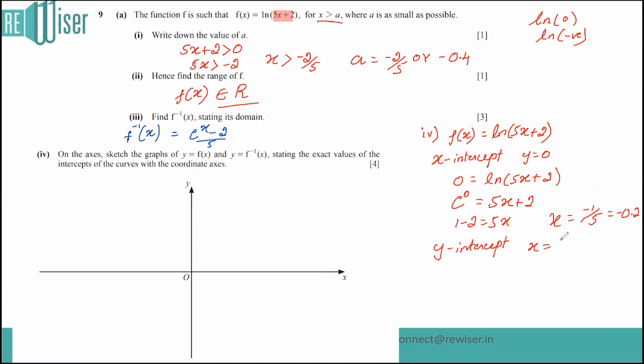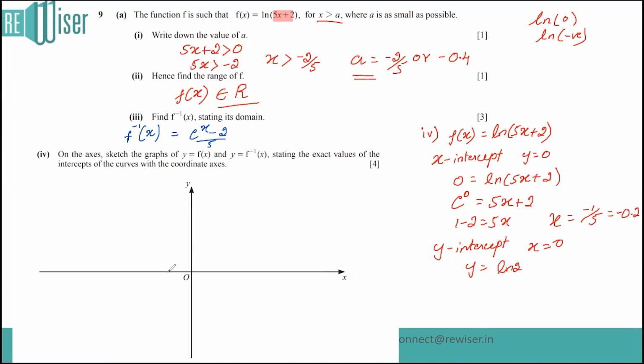When you put x as 0, you'll be getting the y-coordinate, or f of x, to be ln of 2. So this is what we have. Now we also know that there will be a vertical asymptote here, that is the a value at negative 0.4.